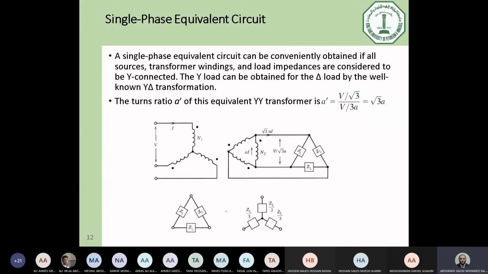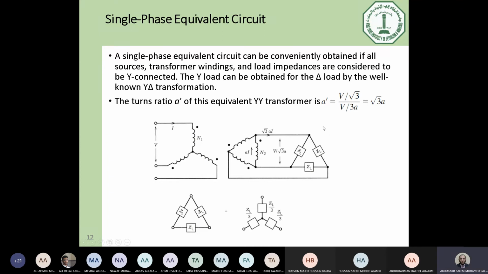For instance, we have now a transformer like that, star delta, and this star delta transformer is supplying a certain delta connected load like that. If you would like to convert to a single line diagram, the primary is star, no problem with the primary. The problem is in the secondary and load.